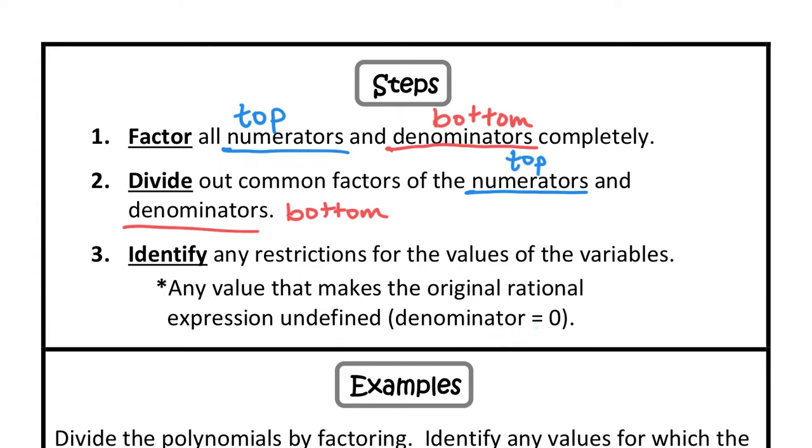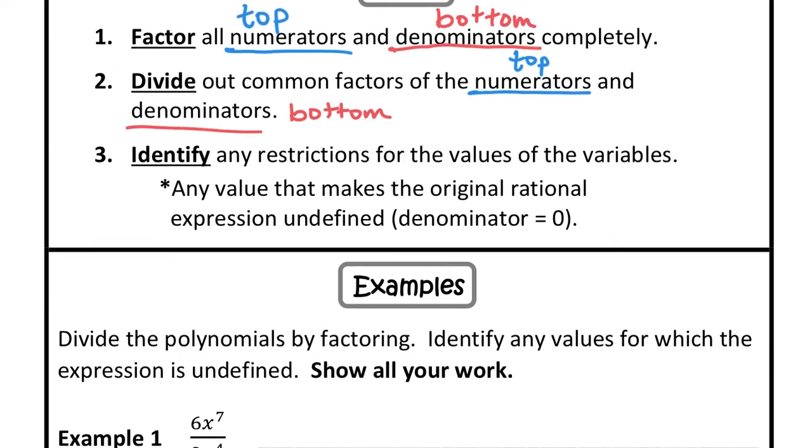Basically, when we divide everything out, we're going to check to see if there's anything left on the bottom. If there's anything left on the bottom, as far as x's go, we're going to check to see when they're equal to 0. I'll show you what that looks like when we work out an example. There are 6 examples to look at, so let's just go straight into them.